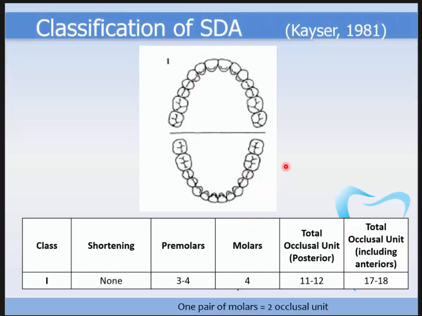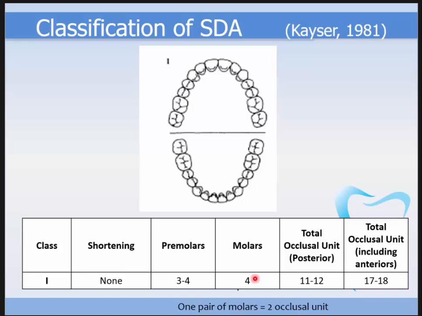Let's look at class 1. Actually, this one is not a shortened dental arch at all. The patients don't have any shortening. For the premolars, the pairs that are occluding, the patient probably has 3 or 4. Probably the patient is just missing 1 premolar. All the molars are present.